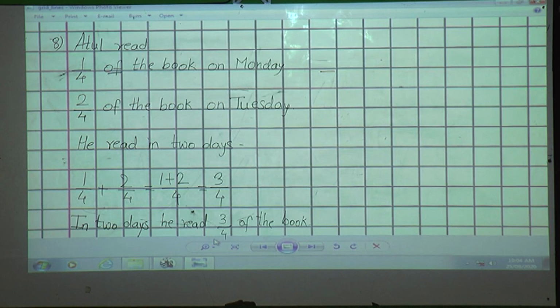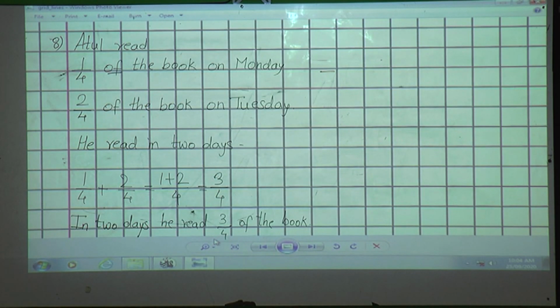So for that we have to do the addition. 1/4 plus 2/4 is equal to 1 plus 2 over 4. Now 1 plus 2 is equal to what? 3. So 3/4. So in 2 days he read 3/4 of the book. So in this way you can solve this example.